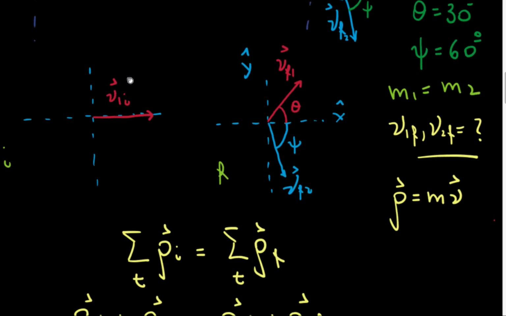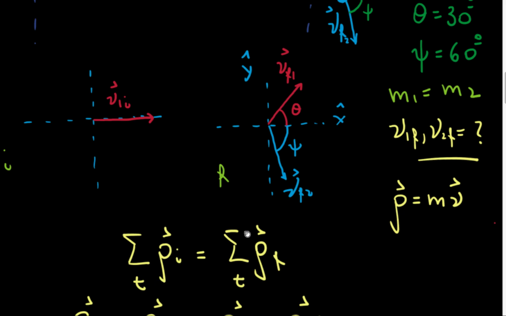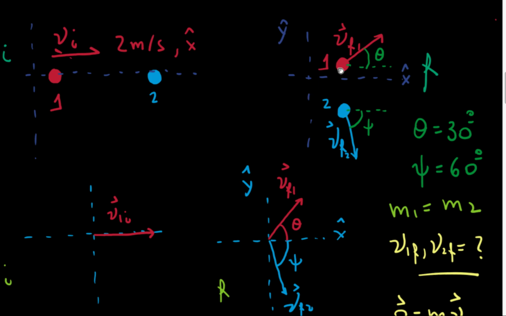And the final momentum has to be the same as the initial. Means that when object 1 and object 2 start moving in the y direction, the momentum of object 1 in the y direction has to be exactly the same amount in opposite directions as object 2.